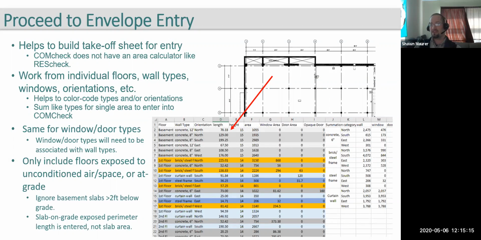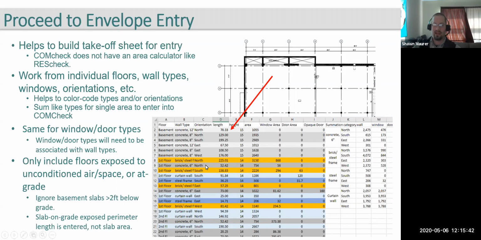So if you're entering into COMcheck, say your building has 4 different wall types, you would want to, from your plans, calculate all the areas level by level. Usually I recommend starting and going clockwise or counterclockwise around a drawing to ensure that you don't miss any spaces. And then use some formulas to condense all those into as few spaces as possible.